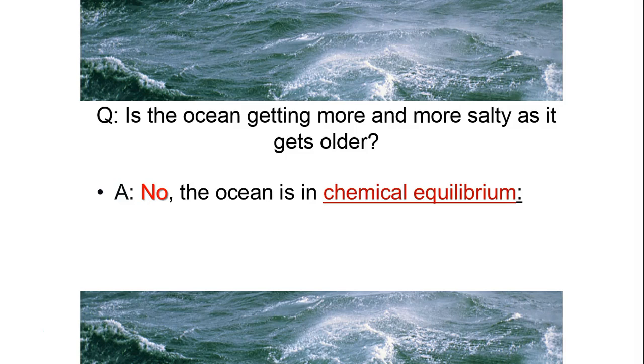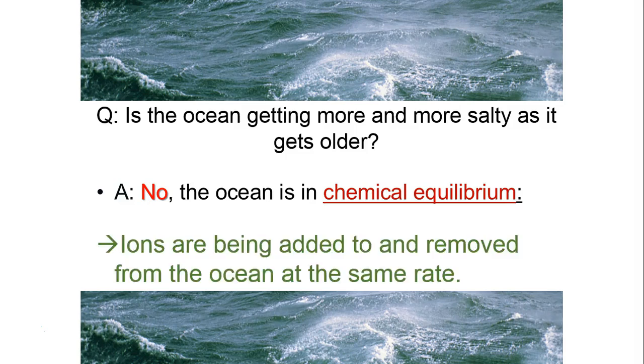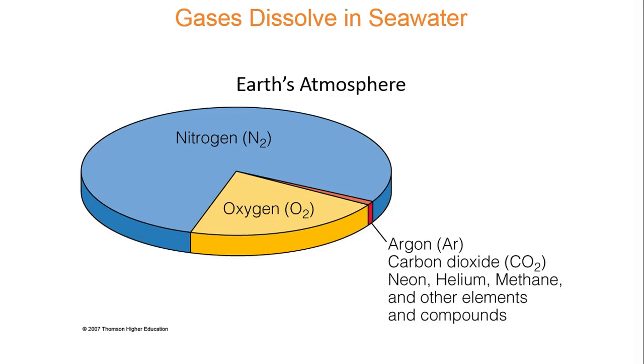But what can change are non-conservative constituents of water, such as oxygen or carbon dioxide. Ions are being added to and removed from the ocean at the same rate, and that doesn't include the non-conservative constituents. The gases dissolved in seawater change.